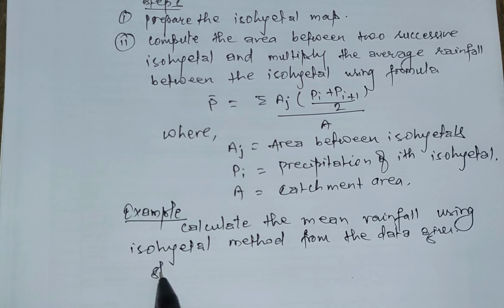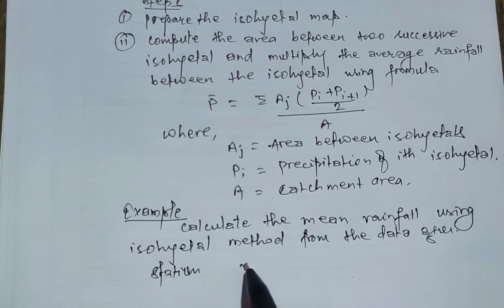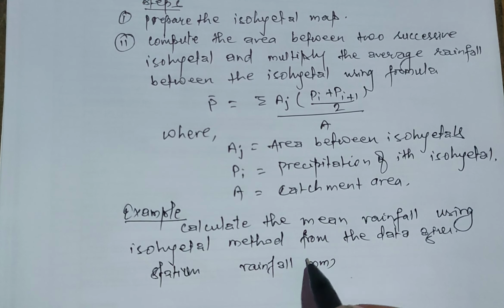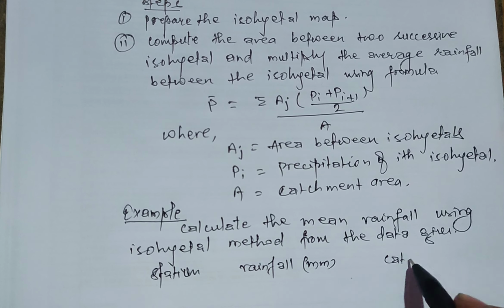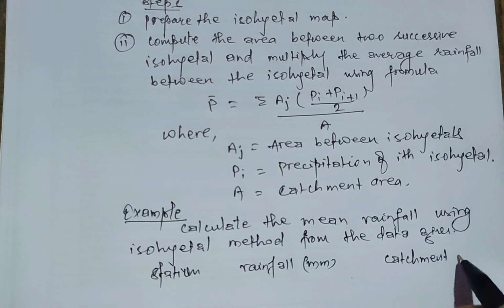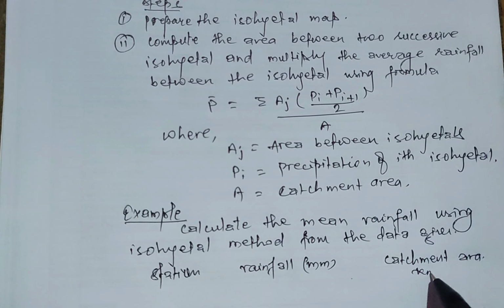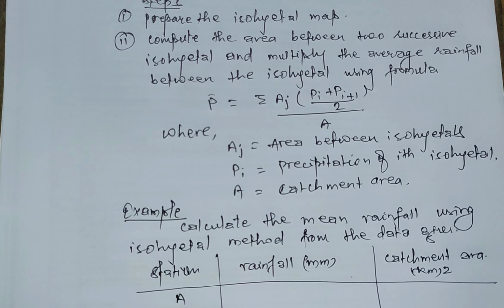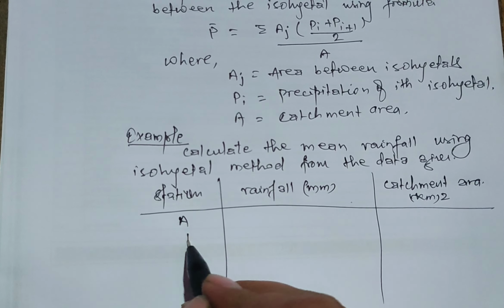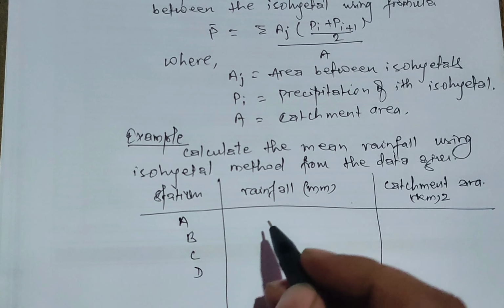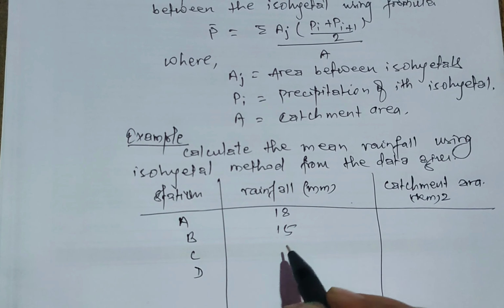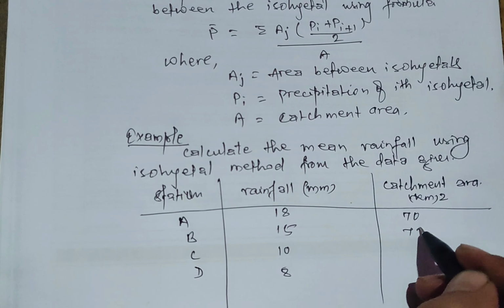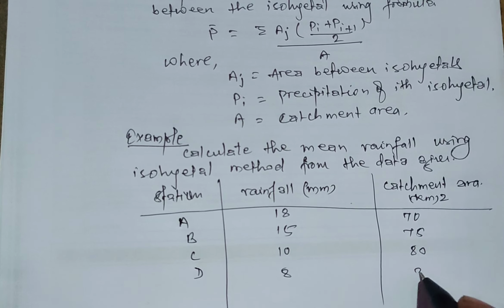That is the station, rainfall in mm and the catchment area in kilometer square. The stations are A, B, C, D with rainfall 18, 15, 10, 8, and the catchment area is 70, 75, 80, and 30.